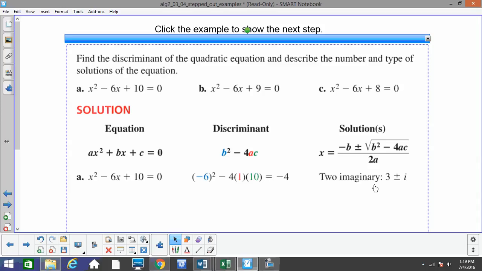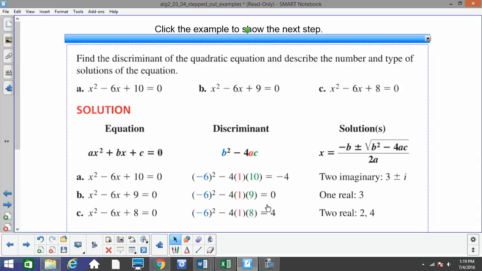If you went ahead and solved it, it would be 3 plus or minus i. On B, you get 0, so you're going to have 1 real solution, which in this case is 3. And on our last one, your discriminant is 4, so you're going to have 2 real solutions, 2 and 4.